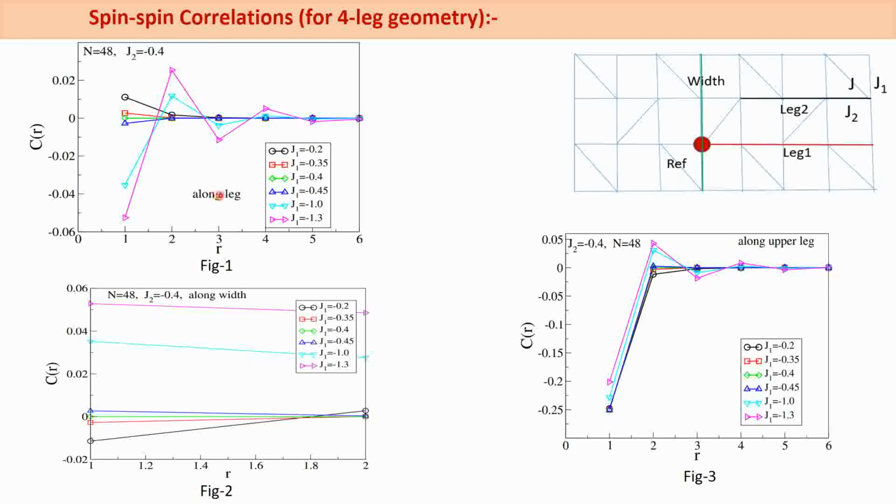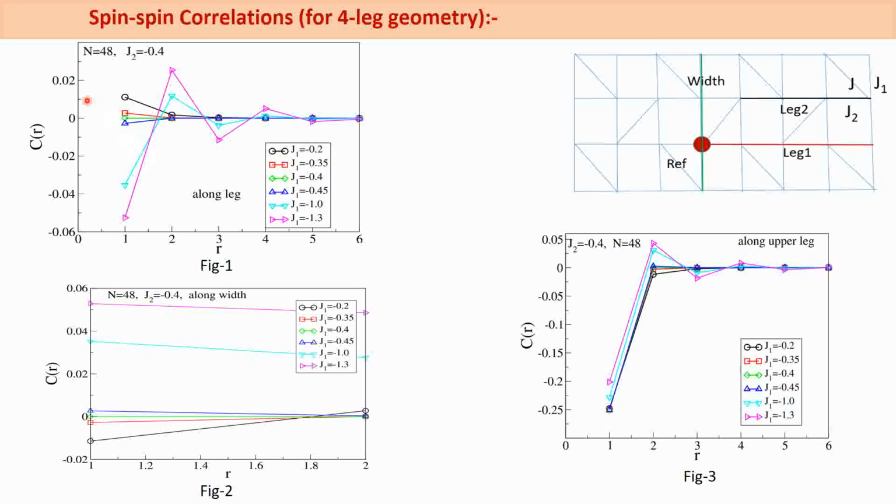In figure 1, when J1 is very small, the black curve shows all the values are positive, whereas figure 2 shows positive and negative values, which supports that stripe 0 pi order exists in the system. When J1 is large, we see up-down alignment along the leg, but along the rung it shows ferromagnetic alignment, which means it is forming the stripe pi 0 in these cases.